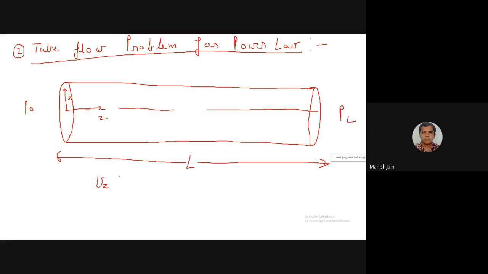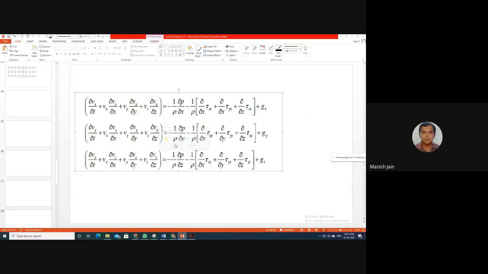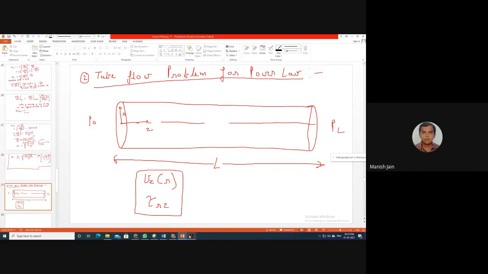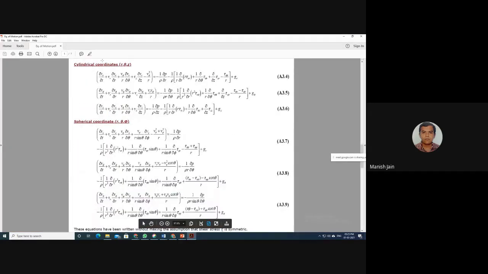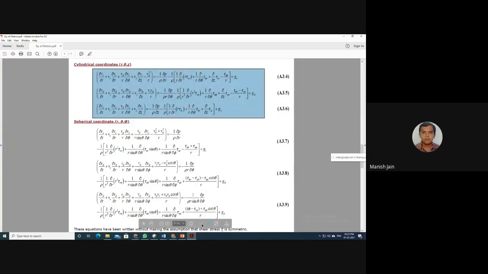You have the Vz, which will depend upon r. So the non-zero shear stress is tau rz. These are the non-zero quantities. So you have to take the equation of motion again, the equation of motion for the cylindrical coordinate system, because this is the cylindrical coordinate system.